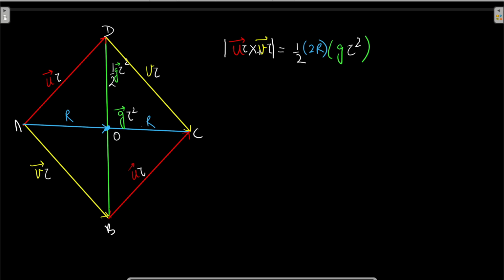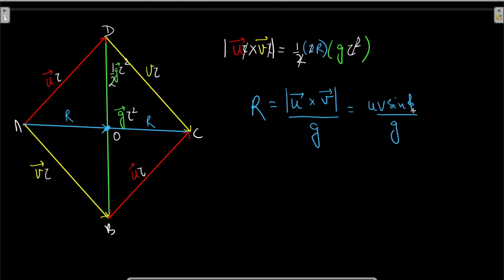Now what do we see? This tau, tau and tau squared gets cancelled. This 2 and 2 gets cancelled. So what do we have? We have r equals the magnitude of u vector cross v vector divided by g, which we can write as u v sine phi by g, where phi is the angle between u vector and v vector.